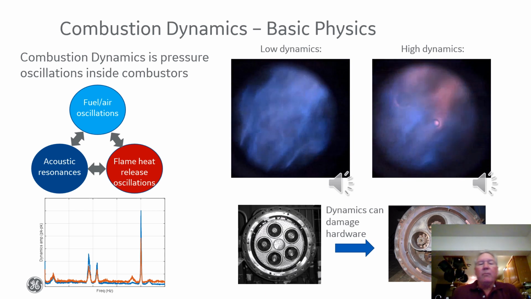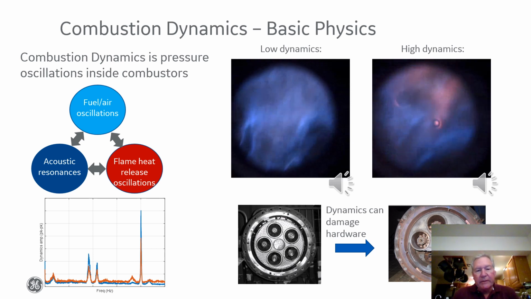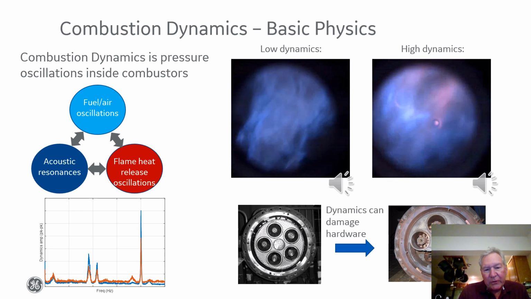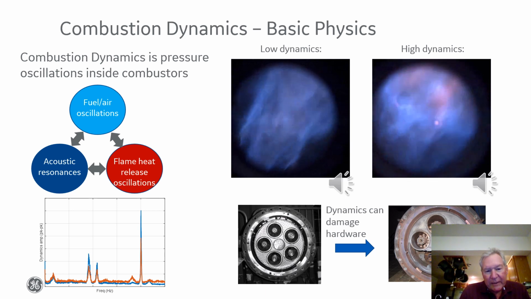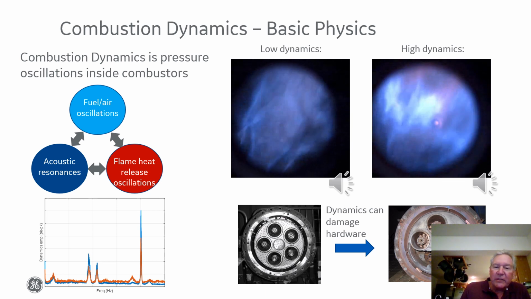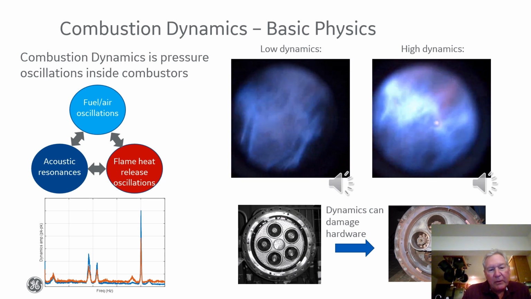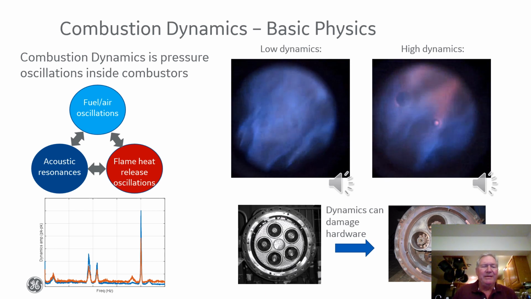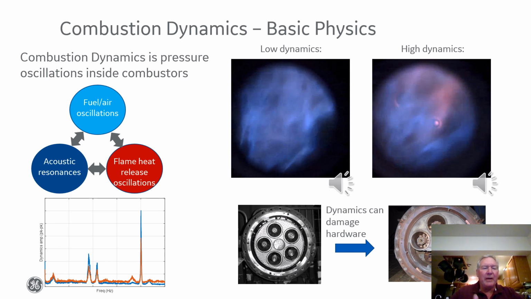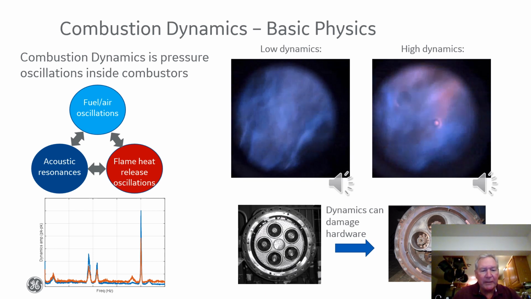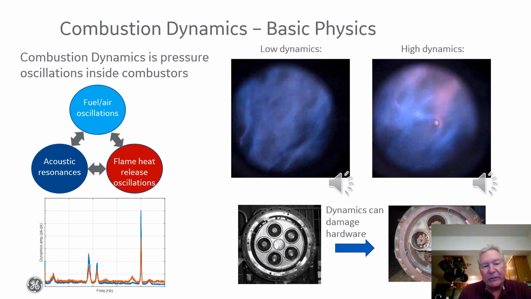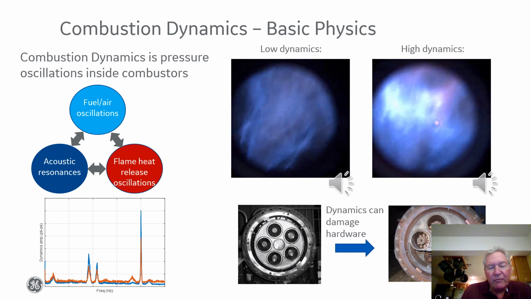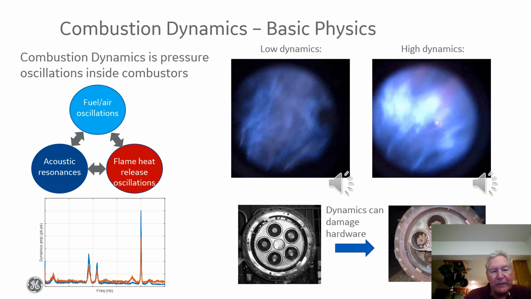So what this instability is driven by are interactions and feedback loops between the combustion process and acoustics of the system. So we've shown in this diagram on the upper left that, and this is just an example, there can be many more complex components and interactions that lead to these oscillations in flame heat release as well as pressure oscillations.